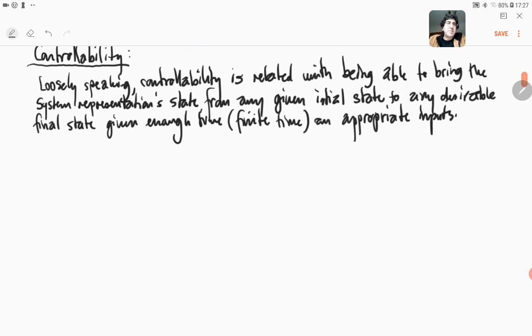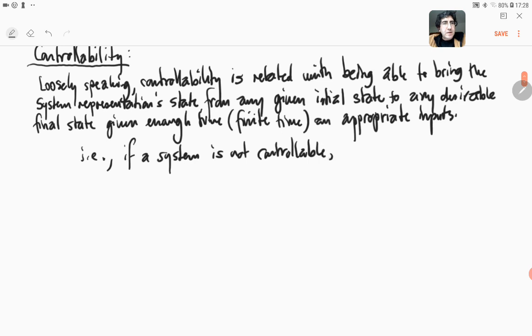So what we mean by this is that if a system is not controllable, that means one may not be able to bring some states to the desired final values, whatever the input and even given an infinite amount of time.